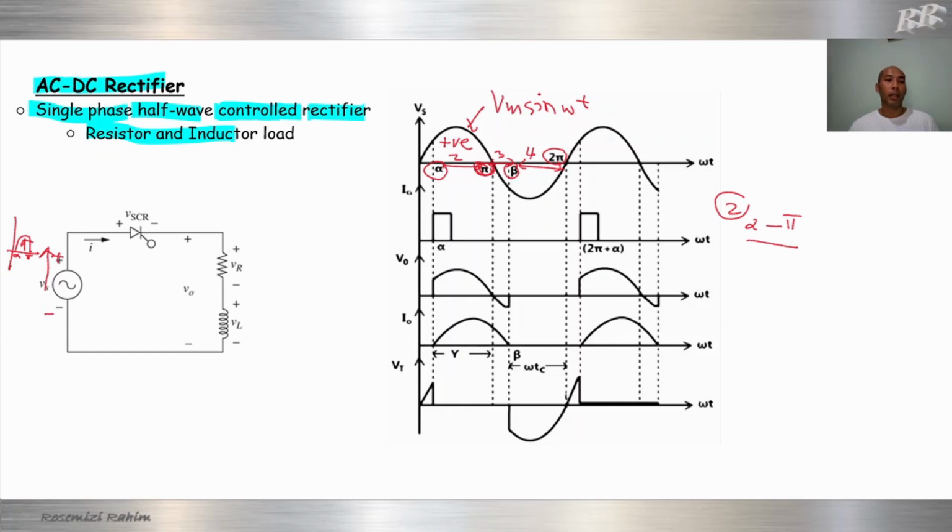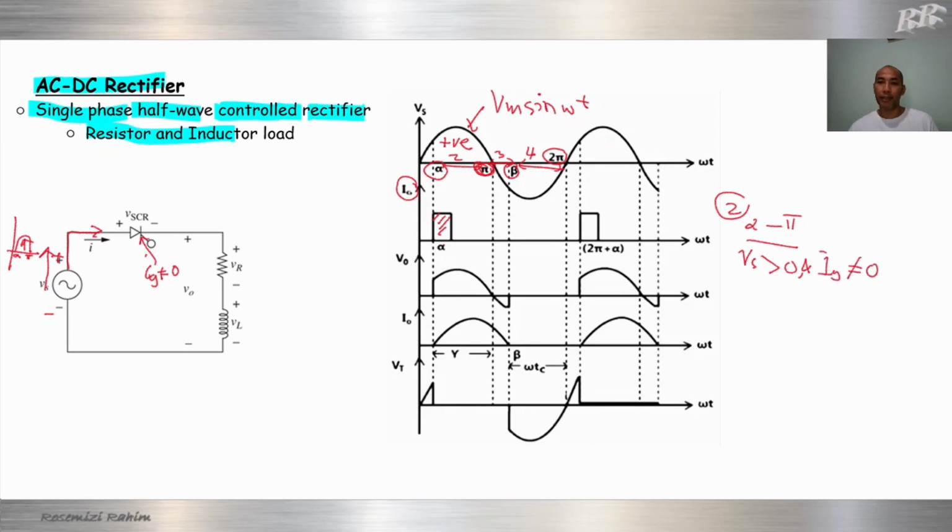Current will flow from positive terminal go to our thyristor. At alpha we supply gate current. We inject gate current to gate terminal, so gate current is not equal to 0. In this case Vs greater than 0 and I gate not equal to 0.